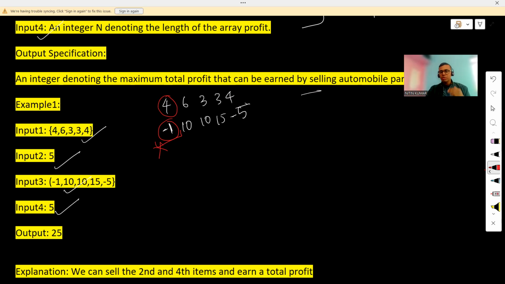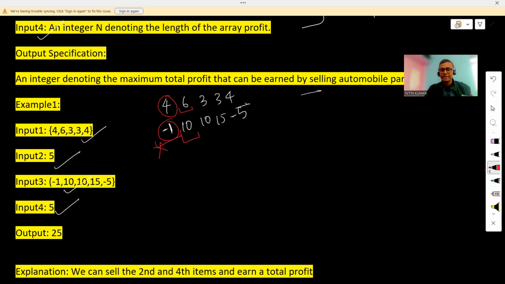Now move to the next portion. The next unique ID is 6 and the value corresponding to it is 10. So simply there is a unique ID and we are selling the parts with that unique ID. We are getting some value, which is 10, so surely we will do that.